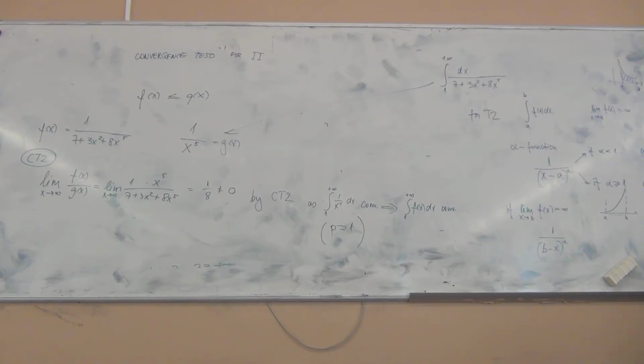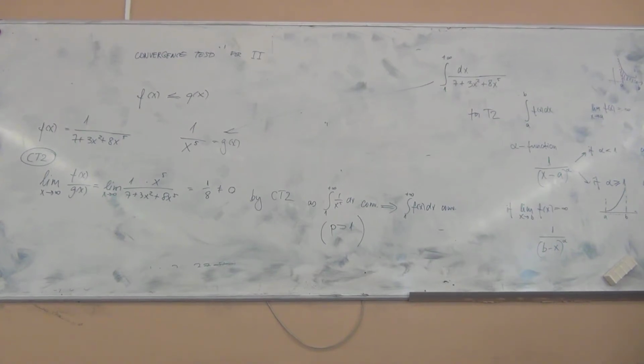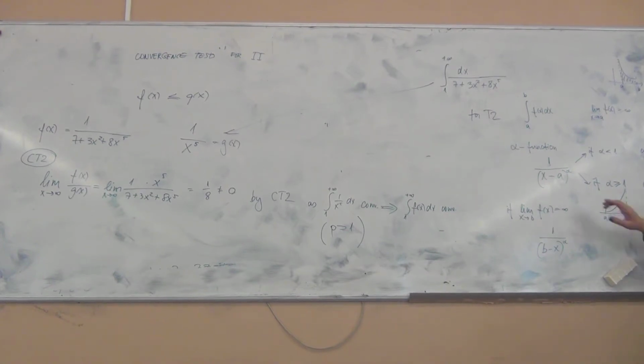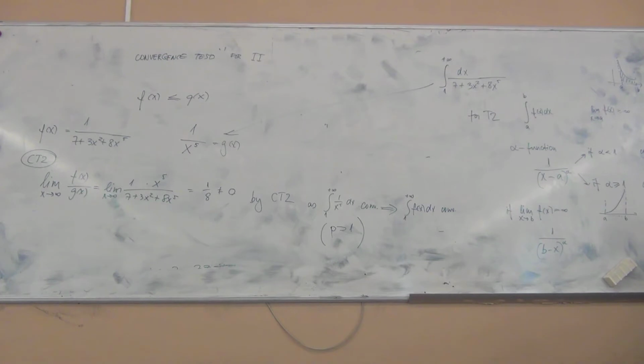And again, in a similar way, it is possible to choose a function that can be compared, the function that actually becomes the alpha function, which might be slightly more complicated, but the general idea is the same.